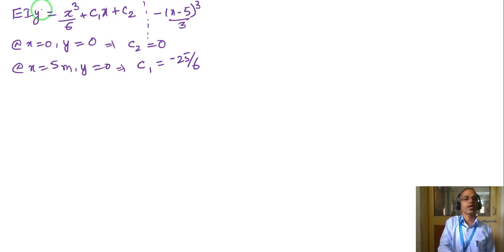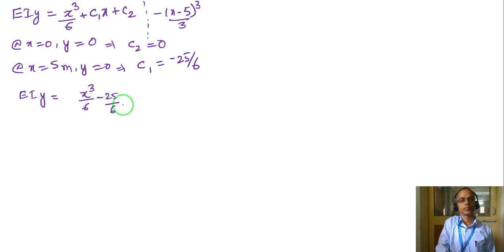Now finally I am getting the equation EI into y is equal to x cube by 6 plus C1, which is minus 25 by 6, x plus C2, which is 0. This is for the first span from the end side, and then minus x minus 5 whole cube by 3.